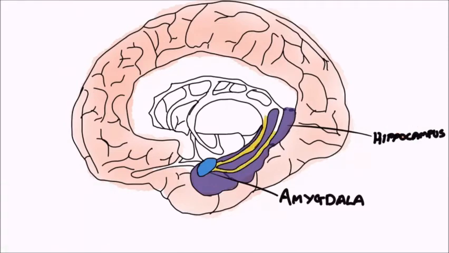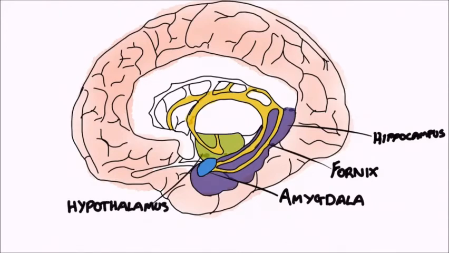Now the hippocampus sends C-shaped axonal projections through the forebrain, around the diencephalon, and into the hypothalamus via the fornix, which we have here coloured in yellow. The hypothalamus, which is coloured in green, is a small group of nuclei that have many different functions. For example, it plays a major role in regulating the endocrine system.